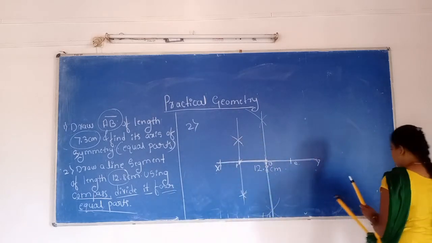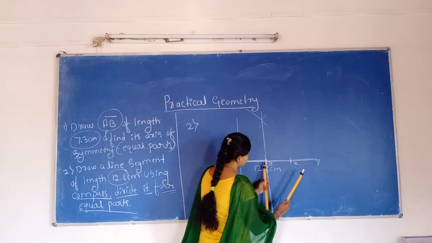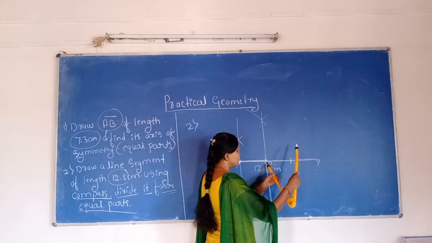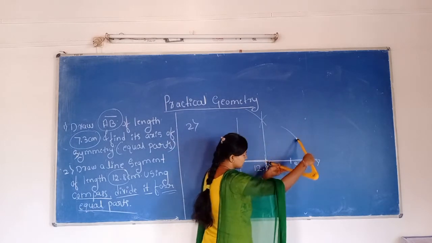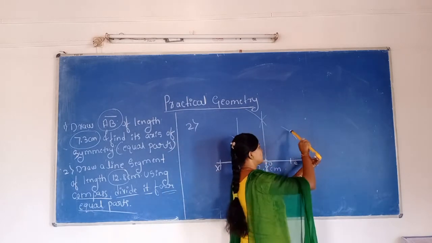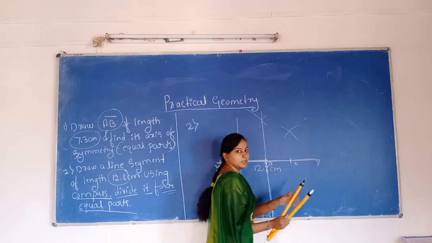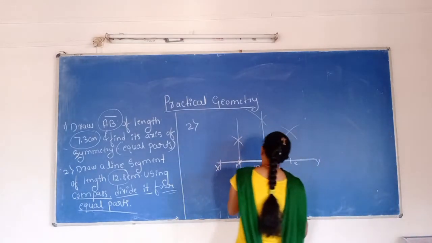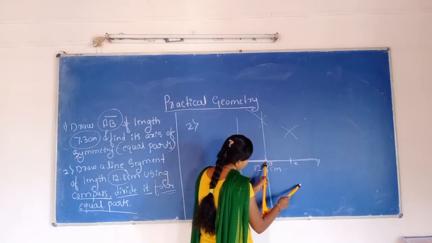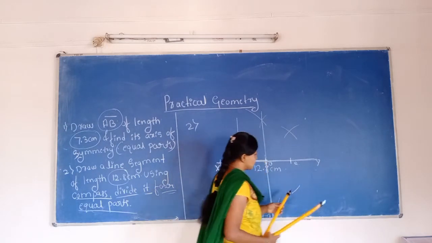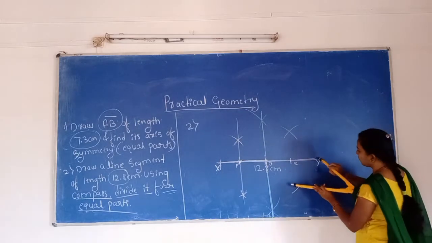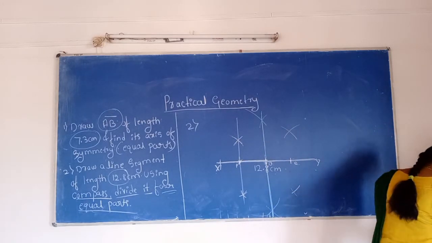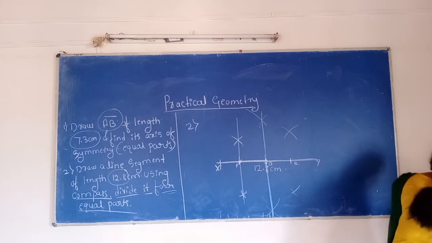Again the same procedure: take more than half. So from the O side first cut, and from the Y side again cut. Next, from the O side take the upper, now upper is downwards, again from the Y side. Now you have to join it.